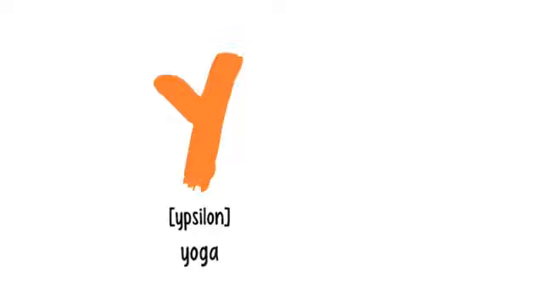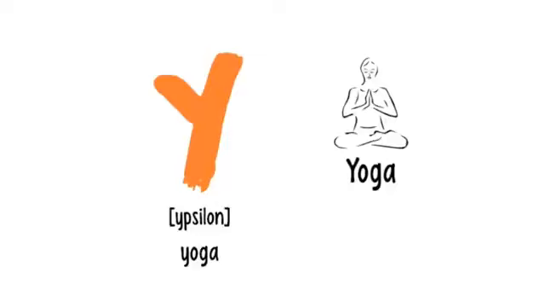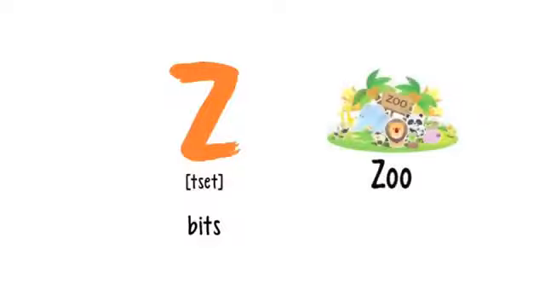In the German language, we don't have that many words starting with the letter Y, but we also have the same word, Yoga. And the last letter is Z, which is pronounced like the S in the word bits. Here we have the example of the word Zoo, which means zoo.